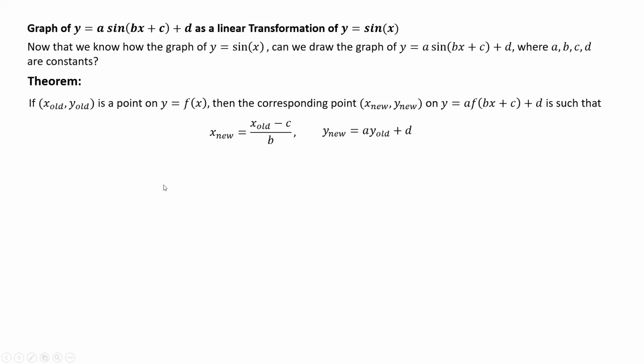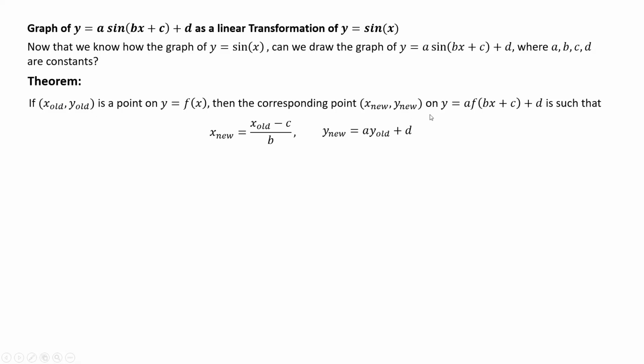What this is talking about is, suppose f of x is just x squared. Can you pick a point on y equals x squared? 0, 0, right? The simplest one. Is 0, 0 a point on y equals x squared? Yeah, of course it is. Now, if 0, 0 is a point on y equals x squared, that is, x old is 0, y old is 0.